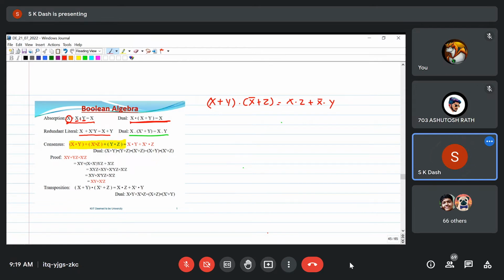What will happen if you solve this LHS? If you open it, it will multiply.